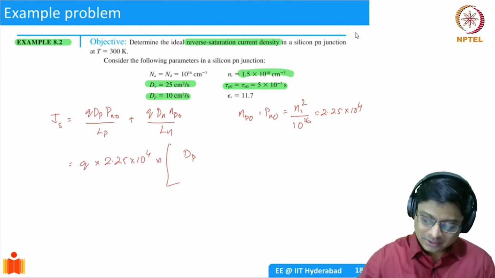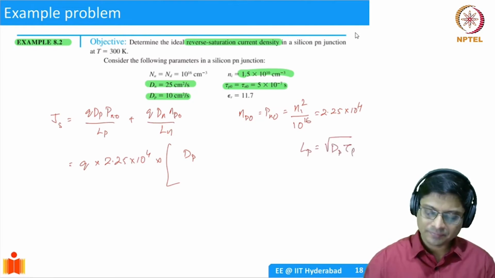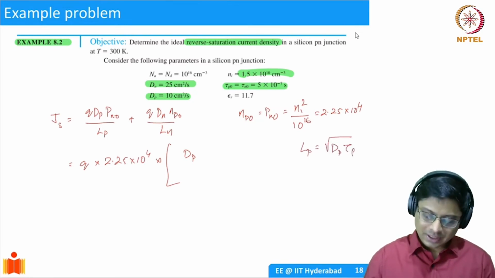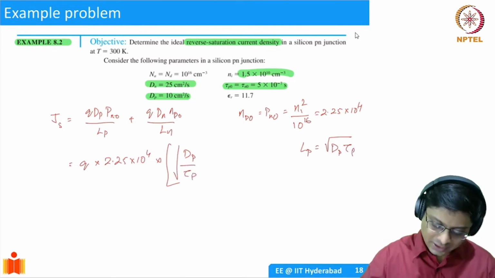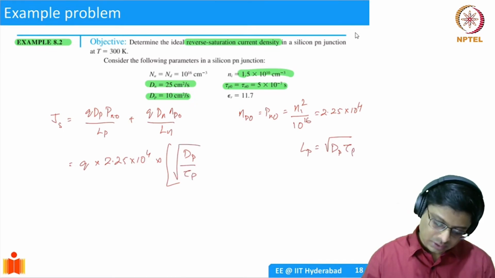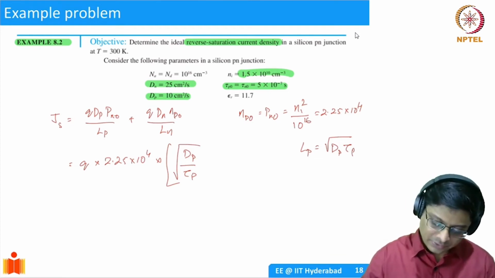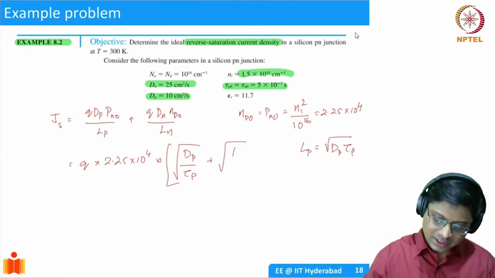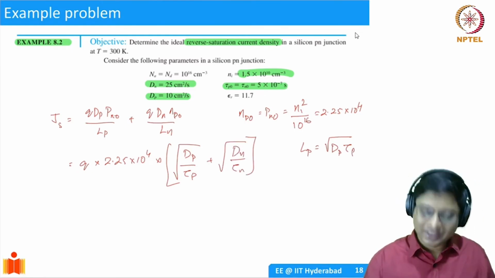But remember, Lp is going to be the square root of dP tau p. So I can write this here itself: dP by Lp is going to be the square root of dP by tau p, plus the square root of dN by tau n. So you can calculate it.